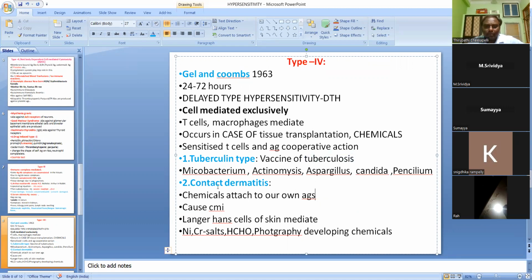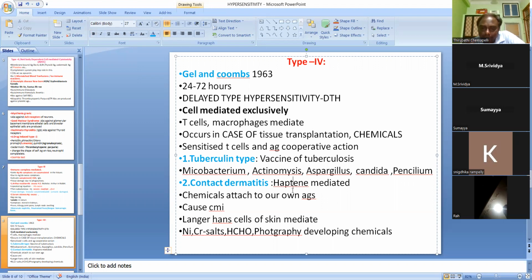And contact dermatitis. Sometimes some chemicals cannot act as antigens by themselves, so it is also known as hapten mediated type of hypersensitivity. What is a hapten? A hapten is generally not an antigen.